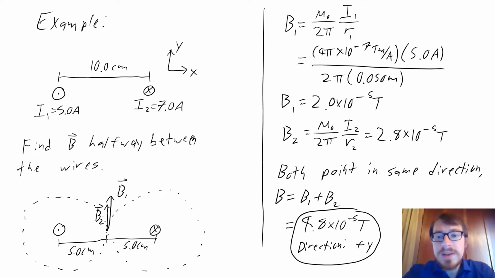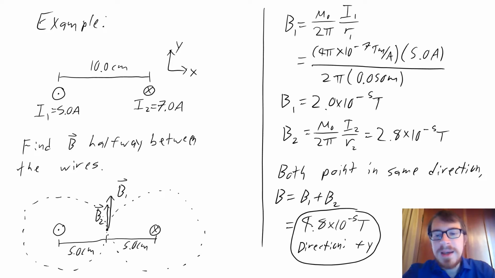We can plug in our current, 5 amps, and 2 pi, and the distance to that point, which is 5 centimeters, which I've just written in meters. And we get that magnetic field 1 is 2.0 times 10 to the minus 5th Tesla.